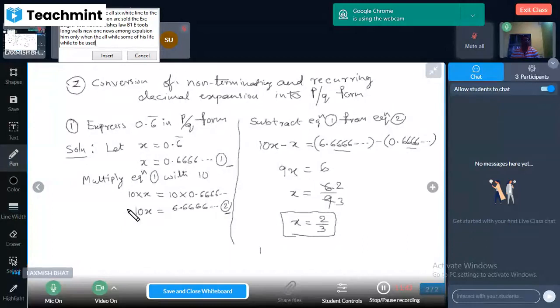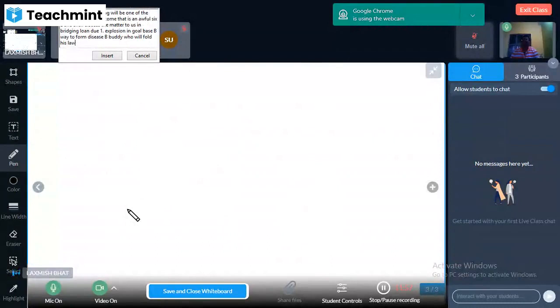This is the p by q form. So this is the first example. Let us go for the second one.